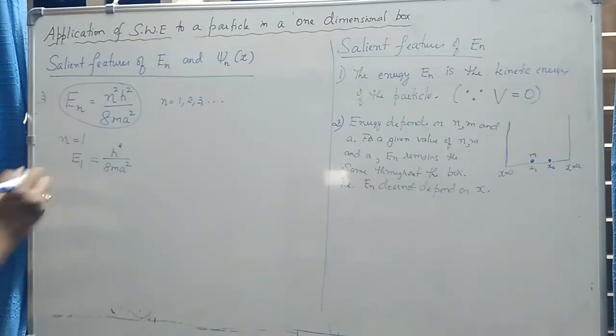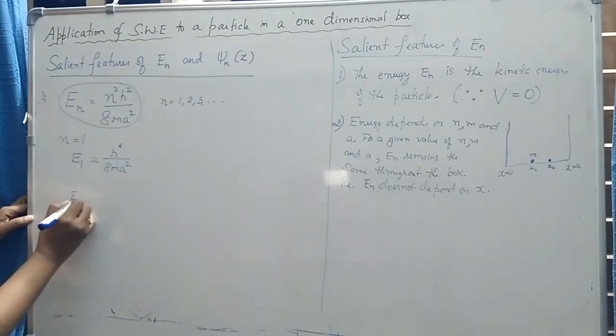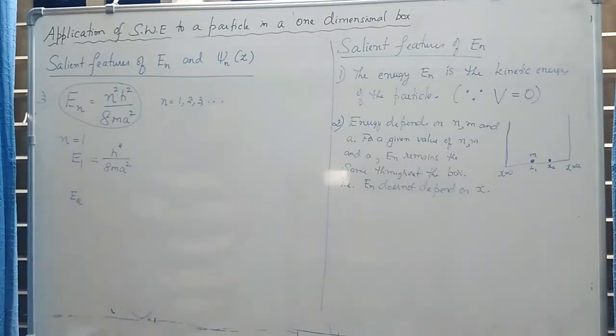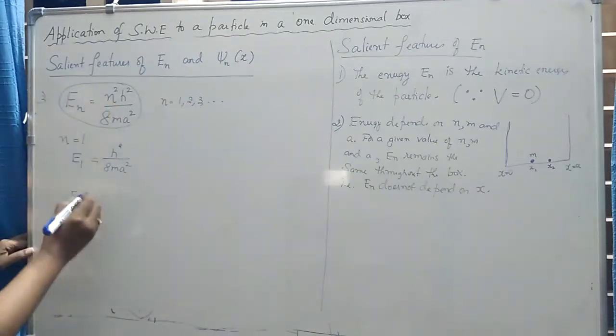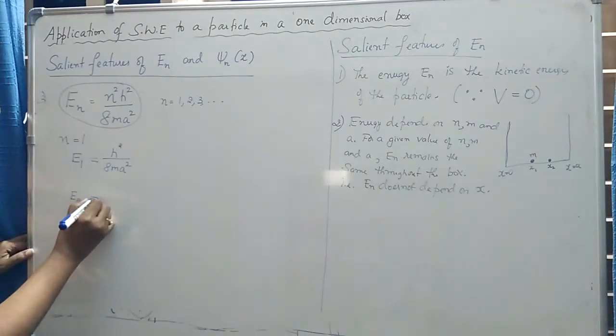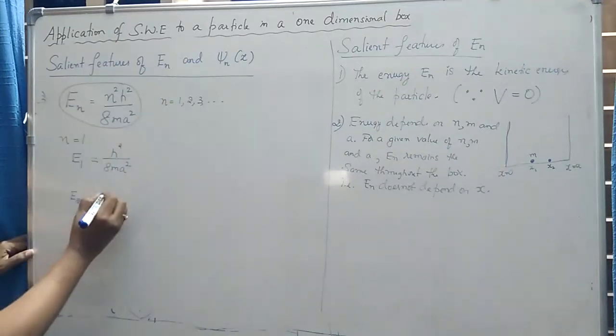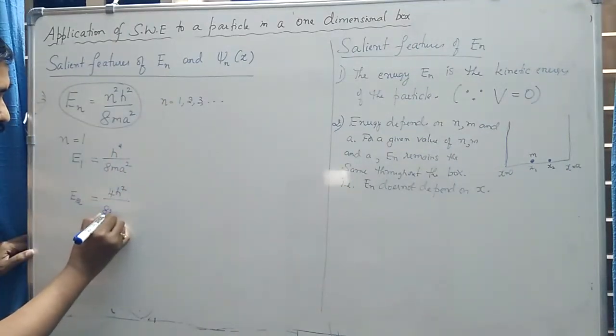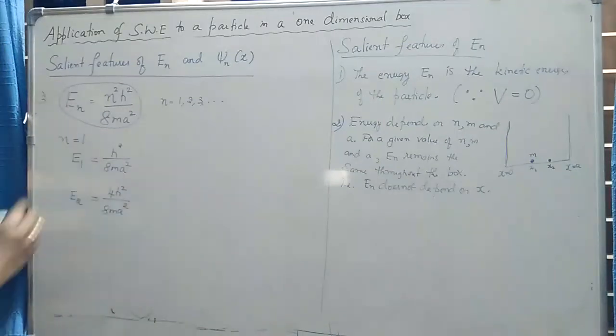What is the next allowed energy? The next allowed energy is obtained by substituting n equal to 2, because after n equal to 1, the next possible value of n is 2. n cannot be equal to 1.5 or 1.6 or 1.75. The next value is n equal to 2. So if I substitute n equal to 2, this becomes 2 square, that is 4h square divided by 8 m a square.